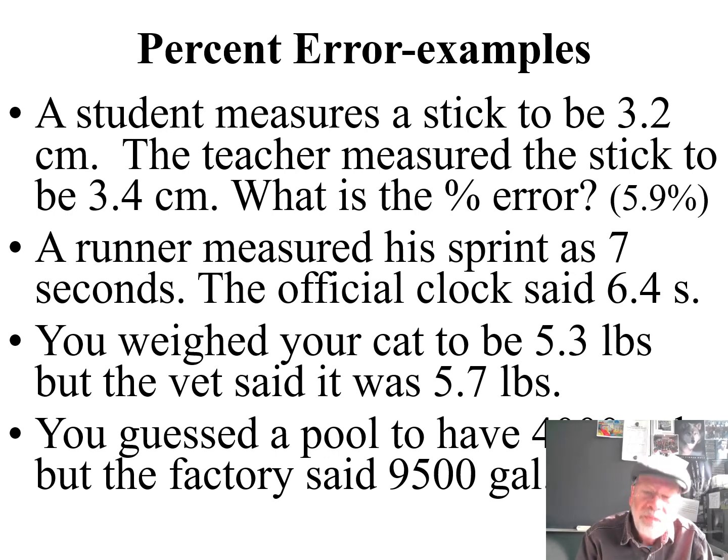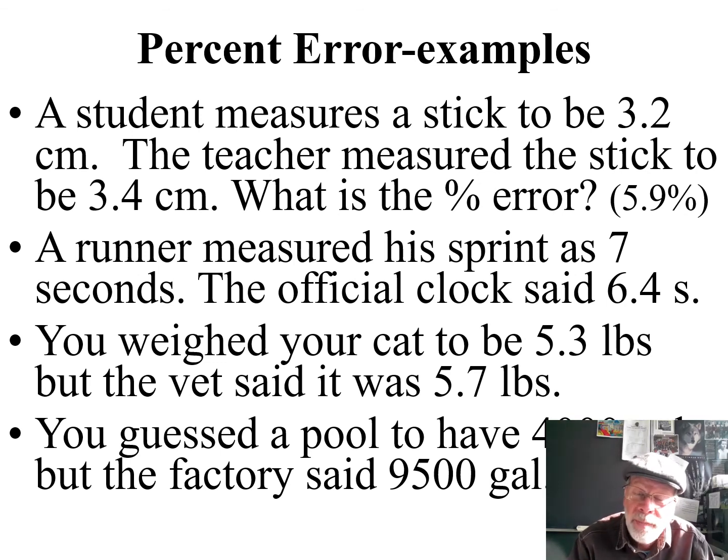Well, what does that equal? 5,500. That's your difference from accepted value. You divide it by accepted value. Press equals. Okay. Multiply by 100, and you have about 58%.